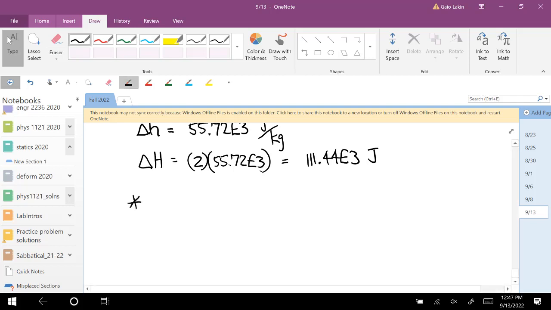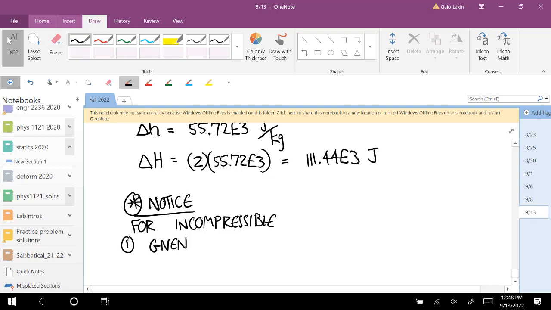Okay, so notice. For an incompressible material, one, given the value for C and the change in temperature, you can calculate the change in specific internal energy.